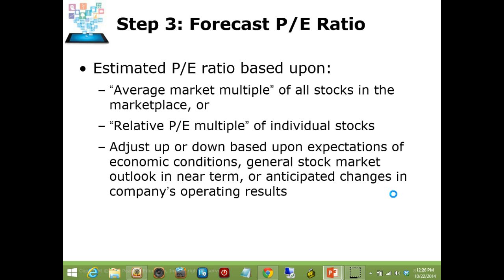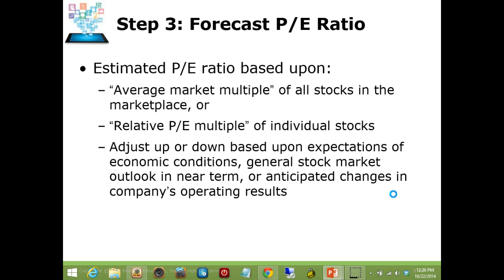Okay, so the estimated PE ratio. Stocks generally have their own PE that they maintain, but sometimes the market itself goes through bubble or contraction phases that change the overall PE of the market. So we want the average market multiple for all stocks, and that changes. Sometimes it's 15, sometimes it's 20.